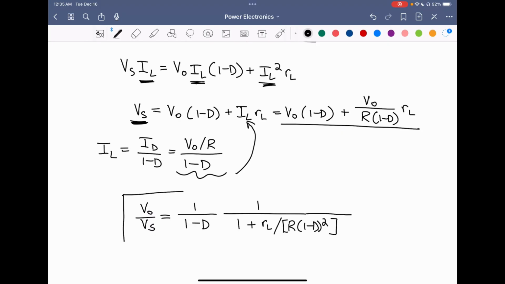So this is our voltage conversion ratio if we consider the series resistance of the inductor.